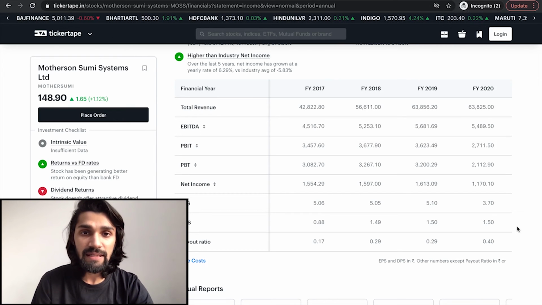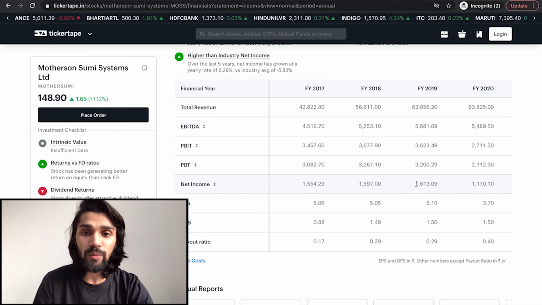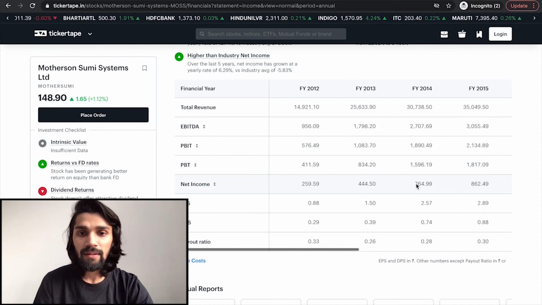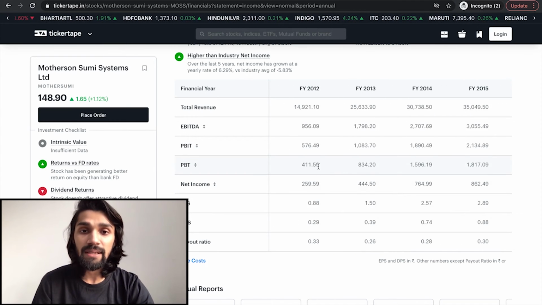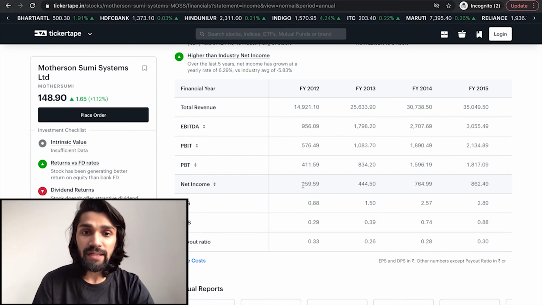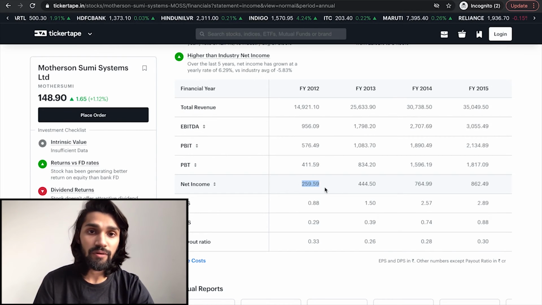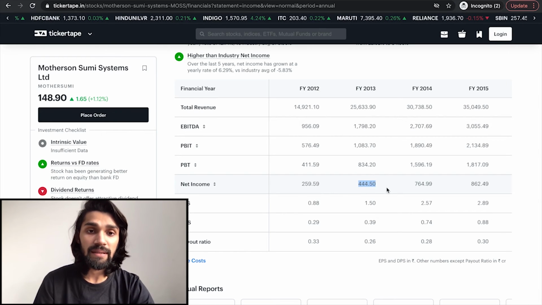So if we can see here, we'll go way back to 2012 and let's check out the net income that it has generated. So it has generated 259.59 crores in 2012, 444.50 crores in 2013.